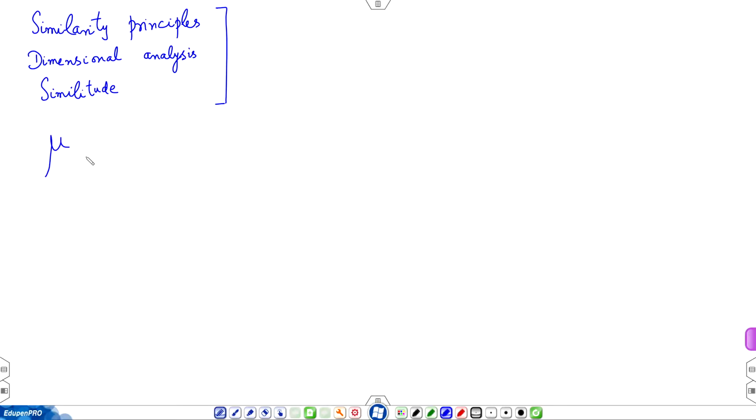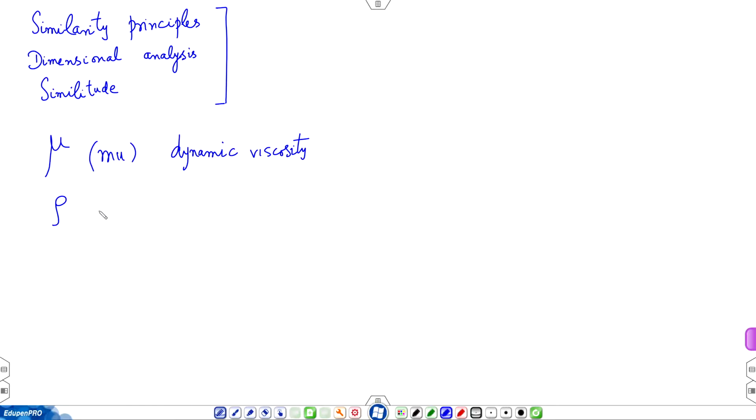What is this symbol? I think it should be clear, it's a mu. And in our context, in some tables it is mentioned as absolute viscosity, dynamic viscosity. Sometimes simply viscosity. What is this symbol?